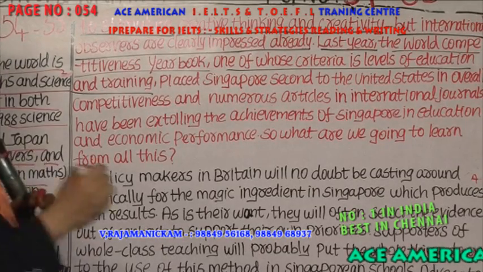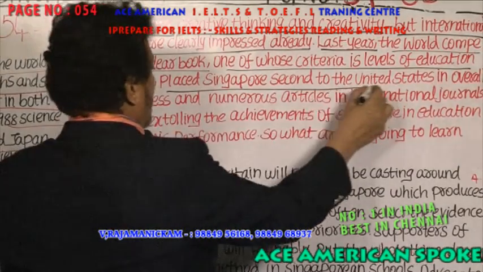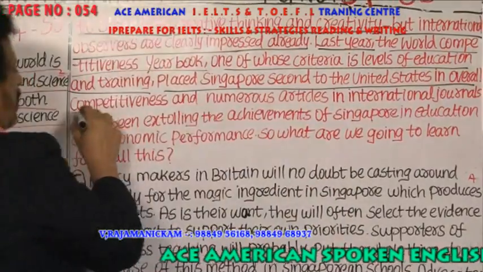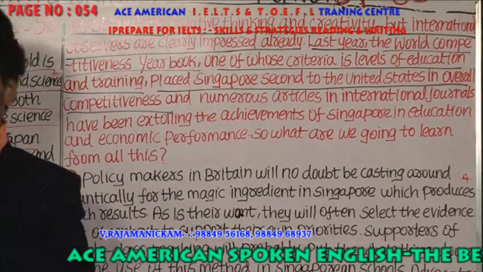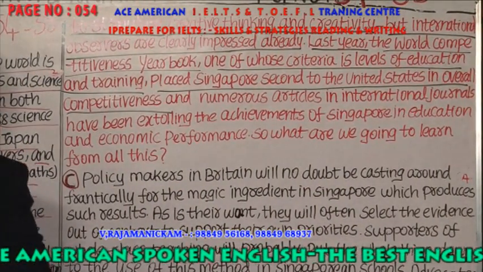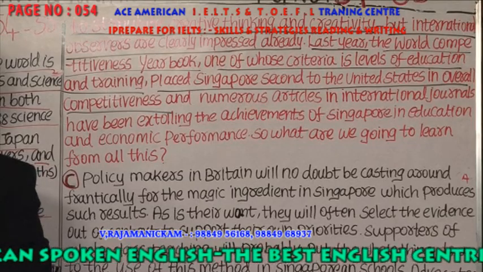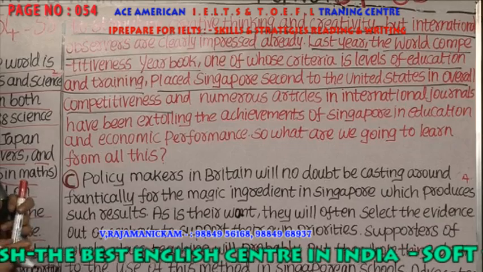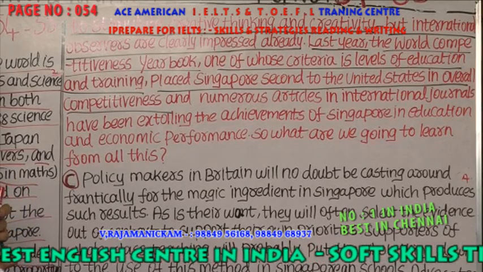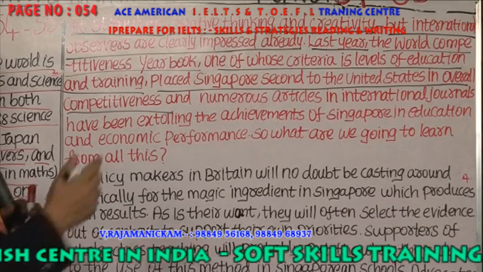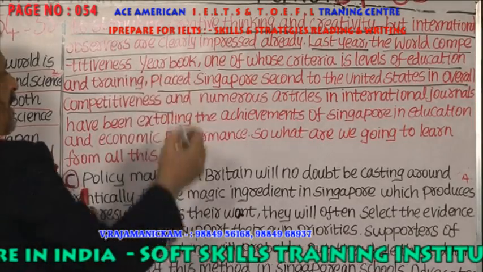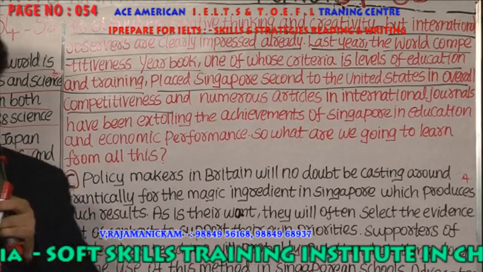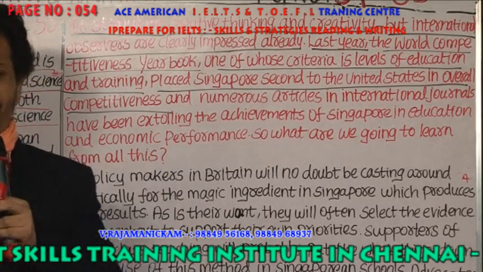They placed Singapore second to the United States in overall competitiveness. So they placed Singapore next to the United States in the world. First is the United States for education and second is Singapore. Who placed it? The competitiveness yearbook placed Singapore second to America for education.